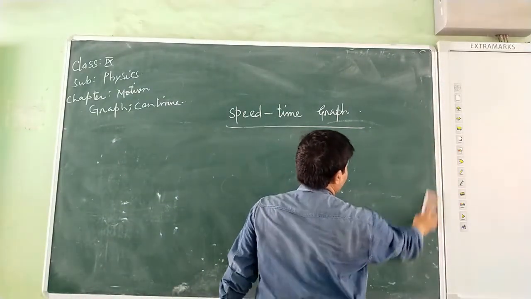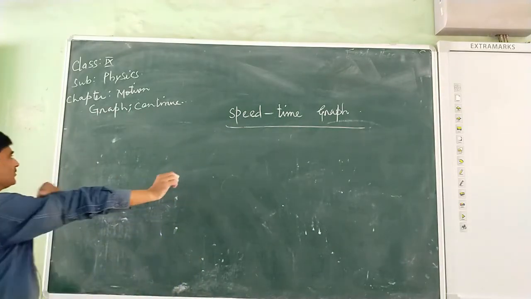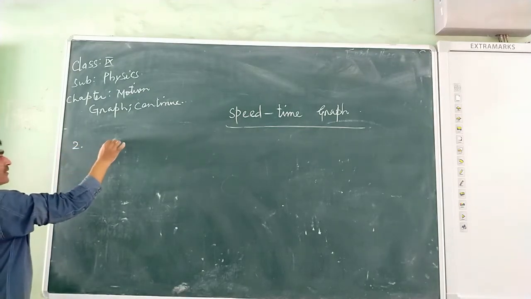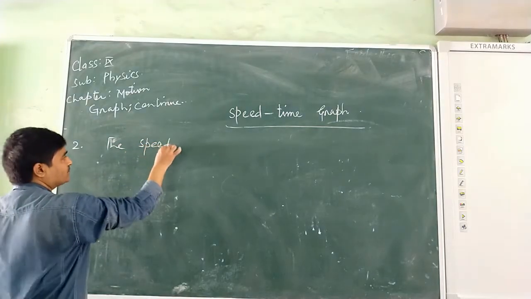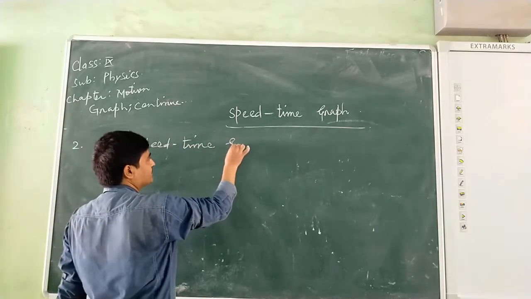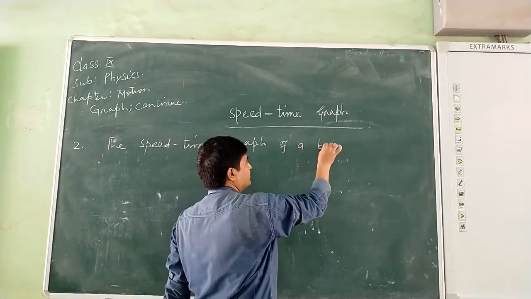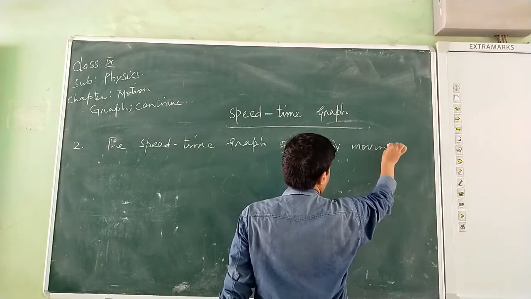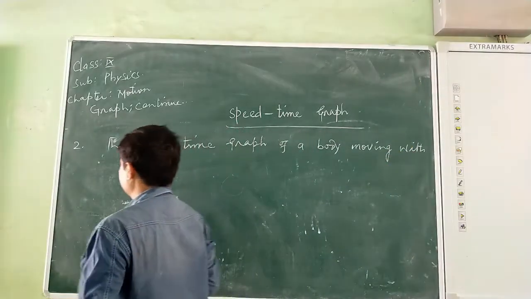Now another example: a speed time graph of a body moving with uniform acceleration.